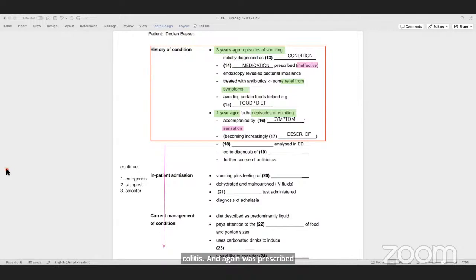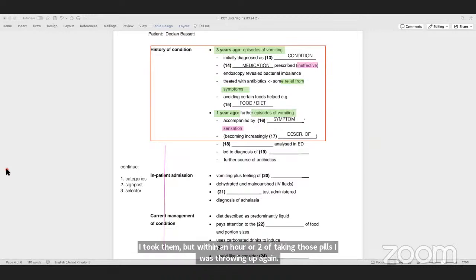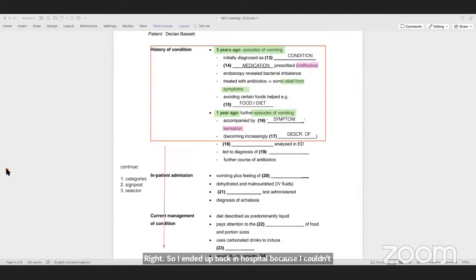So I took them, but within an hour or two of taking those pills, I was throwing up again. Right. So I ended up back in hospital because I couldn't keep anything down, and I was really suffering from fatigue. I was having trouble even standing at this point, and basically everything hurt.